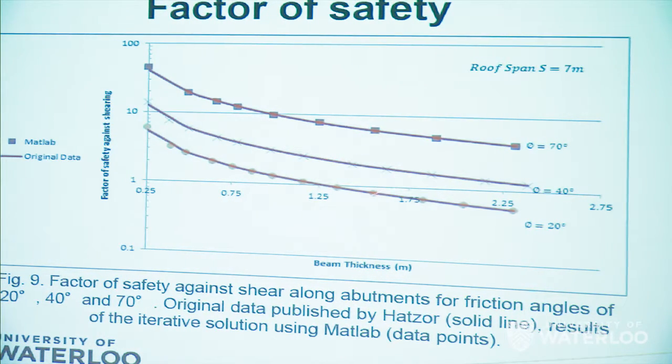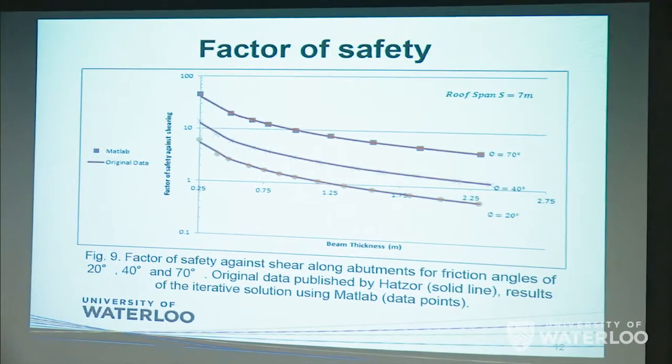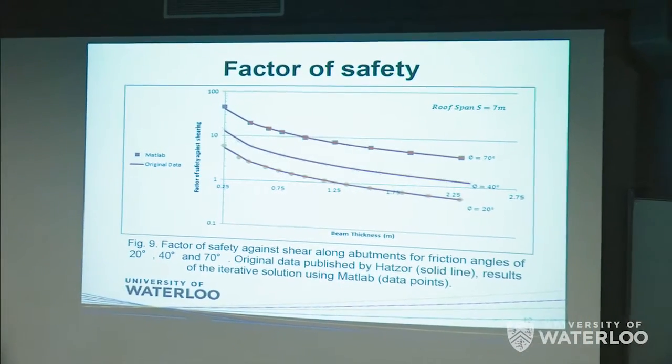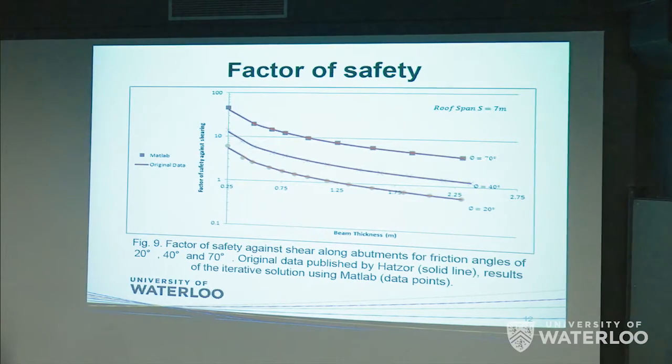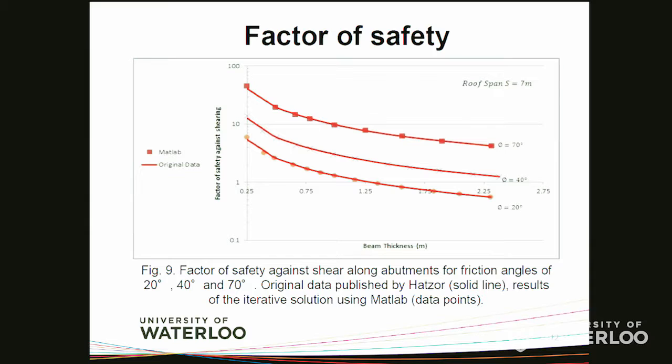And I can have this for different friction angles, 20 degrees, 40, and 70. As the friction angle goes down, again, the safety goes down. This is for sliding for sure. The shear sliding depends on the friction angle.